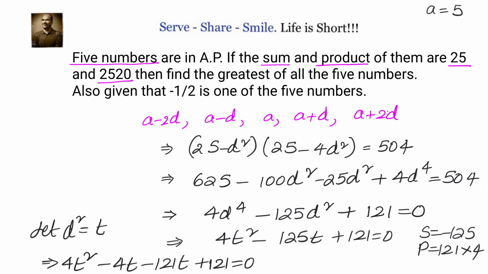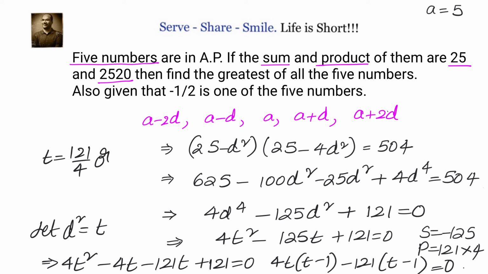By taking factors, we will get 4t into t minus 1 minus 121 into t minus 1 equals 0, which can be written as 4t minus 121 into t minus 1 equals 0. That will give us t equals 1 or t equals 121 by 4. But t equals d square, so d equals plus or minus 11 by 2 or d equals plus or minus 1.